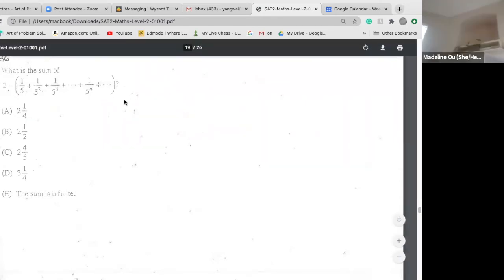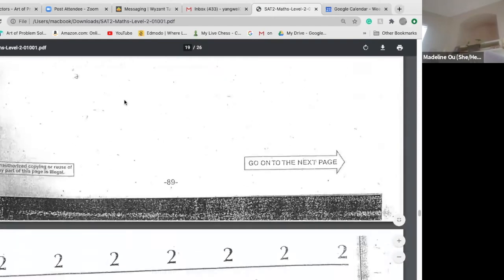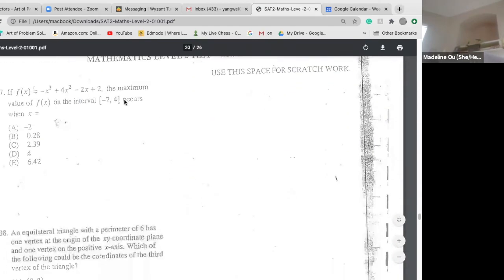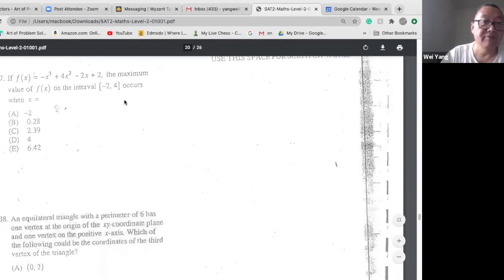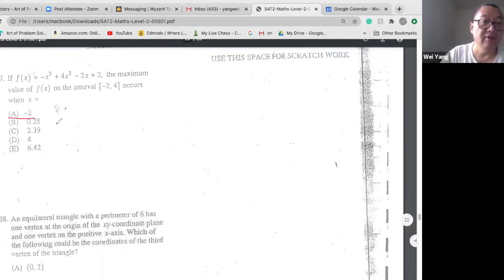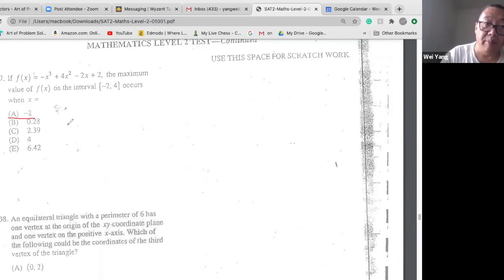Now let's see 37. What's your answer for 37? A. A. This one: the maximum value of this function on the interval from -2 to +4 occurs at when?